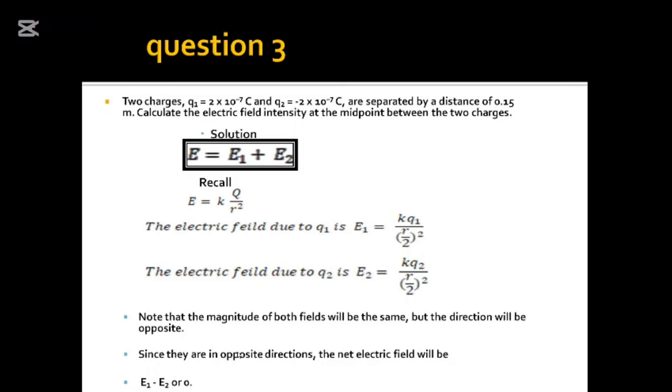So after solving both, what you will get is plus a particular value and minus that same value. For example, if E1 gives you 2, E2 will give you minus 2. So if you substitute it in this equation, E equals plus 2 plus minus 2, which gives 2 minus 2, which is equal to 0.